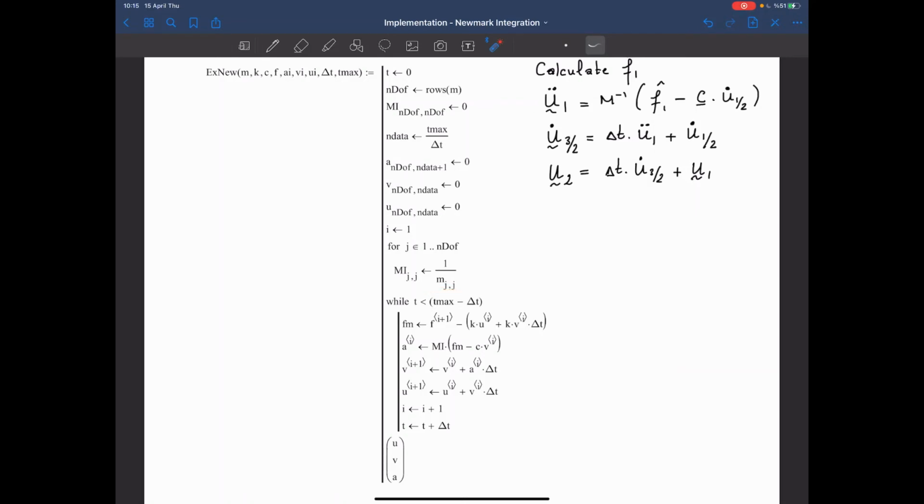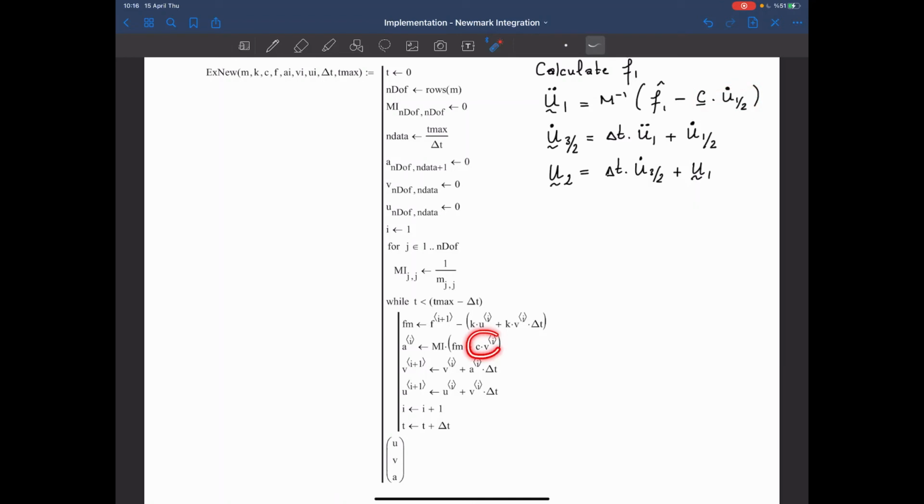Now we have the F hat. We already derived that, and the F hat depends only on the stiffness matrix because we calculate the damping forces at half time steps. Okay, so that's F hat, this is what I calculated here, and then I have to subtract the damping force.